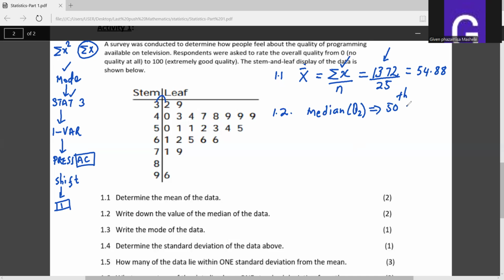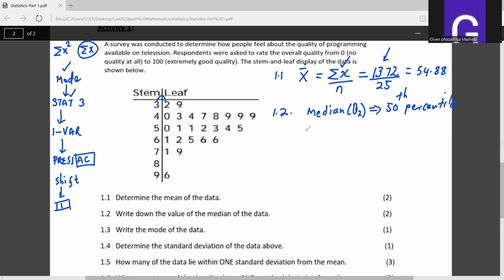Since it is the 50th percentile, we have to calculate its position. In terms of its position, it is 50% away from the minimum when we have arranged the data from the minimum to the maximum.